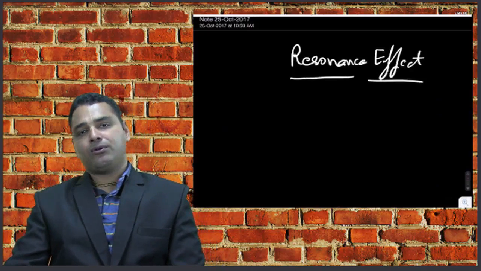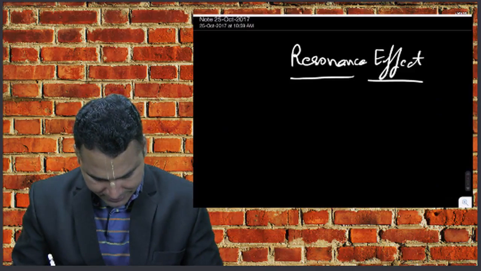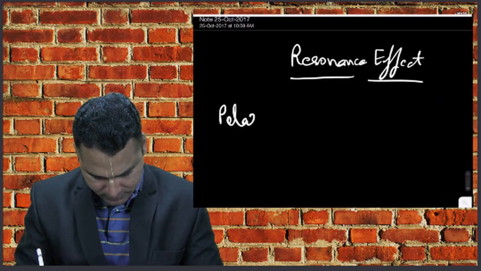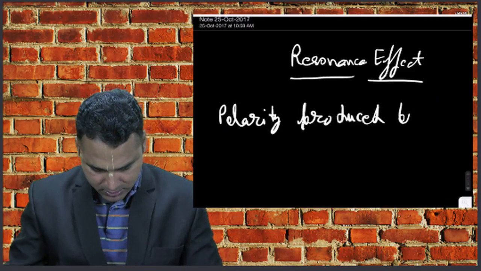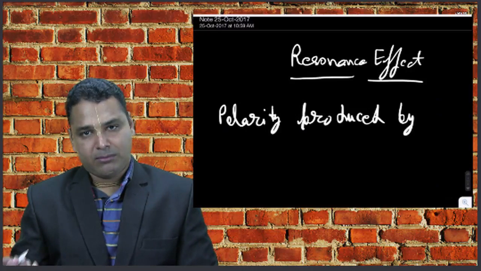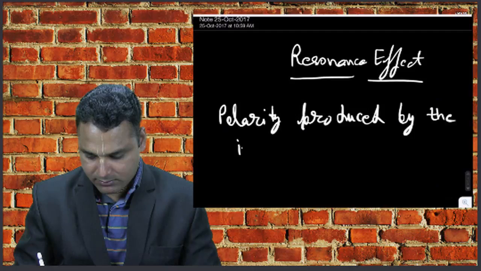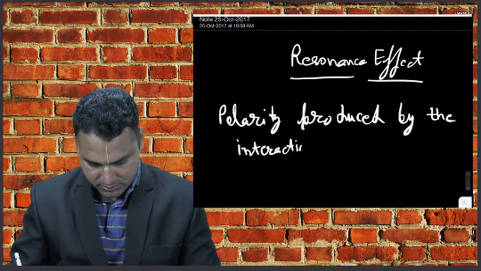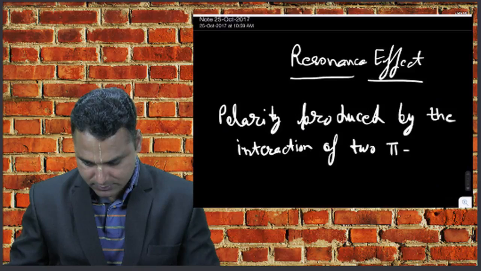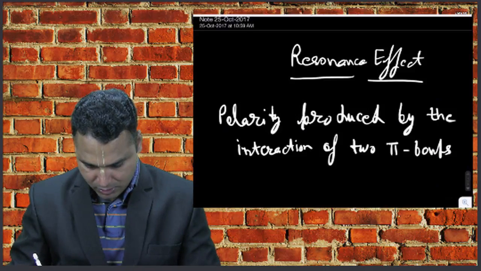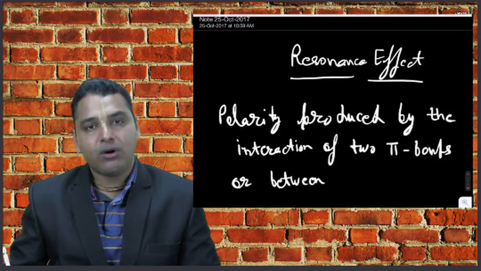First of all, we have to know what the resonance effect is. The general definition is the polarity produced in the molecule by the interaction of two pi bonds, or between a pi bond and a lone pair.